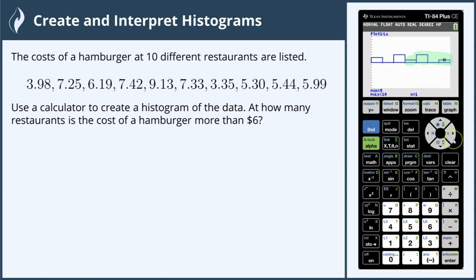So because of that, we need to add those values together. So 1 plus 3 plus 0 plus 1, that comes out to tell us that there are 5 restaurants where the cost of the hamburger is more than $6. So there you go. That's how you use your histogram to help find that answer.